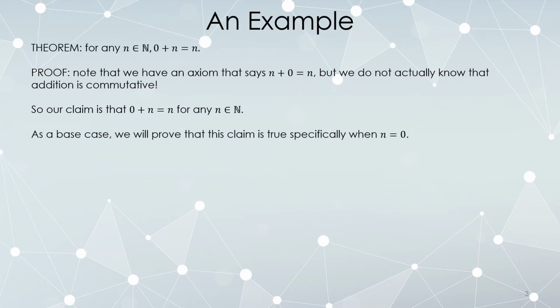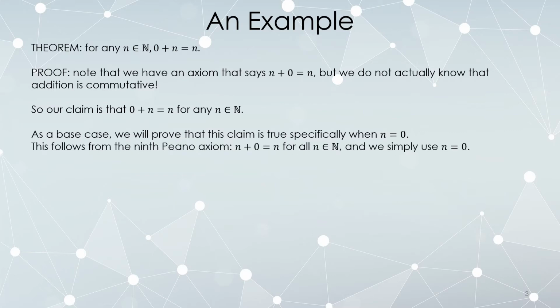The base case is: what happens when n is 0? Well, we do have this axiom that adding on the right does not change the value. N plus 0 is always n. If that's true for every n, it's specifically true for 0. If I let n equal 0 in the axiom, I get 0 plus 0 equals 0. But that's exactly what I'd get here if I let n equal 0.